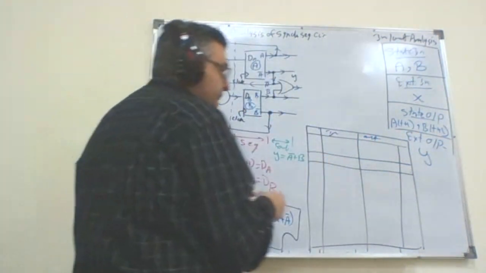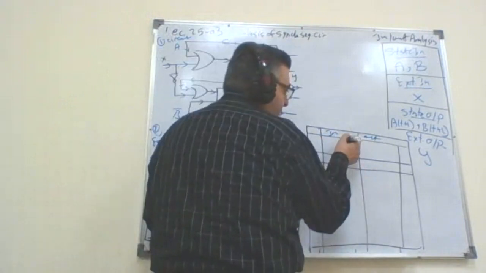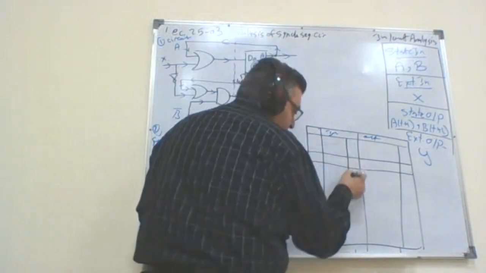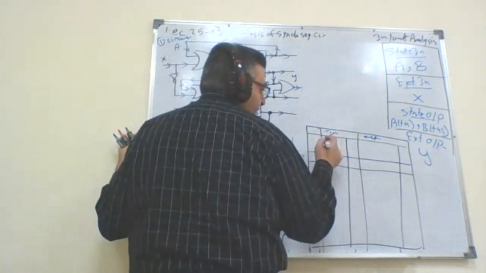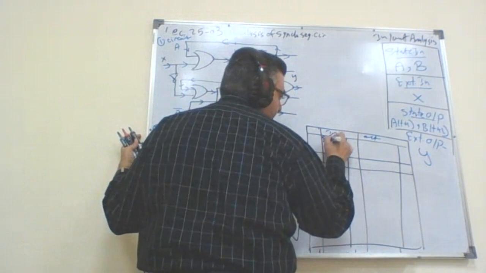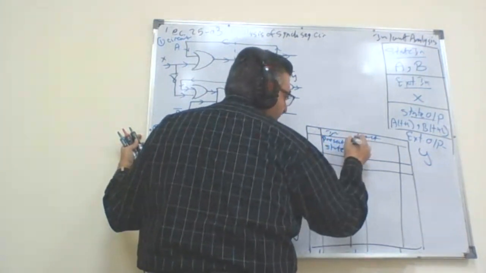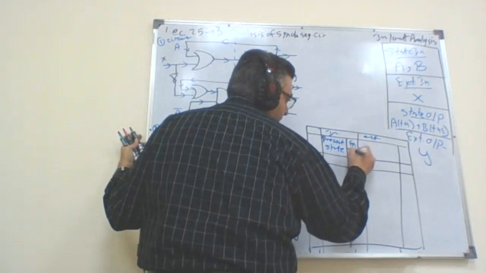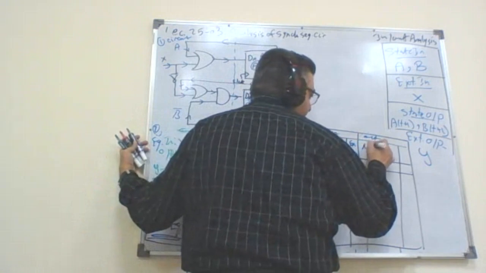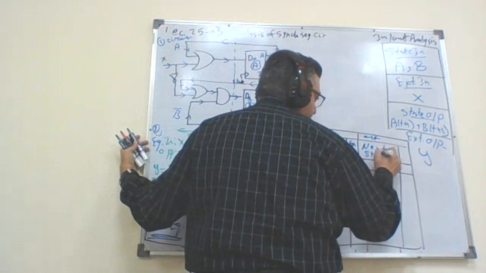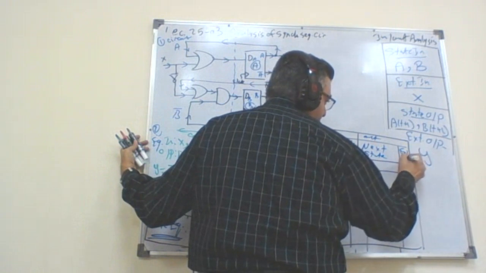Agree? Now, I will have the following. And here also I have external and state. So, in the input side, I have what's called the present state, and I have external input. I have here the next state, and I have external output.